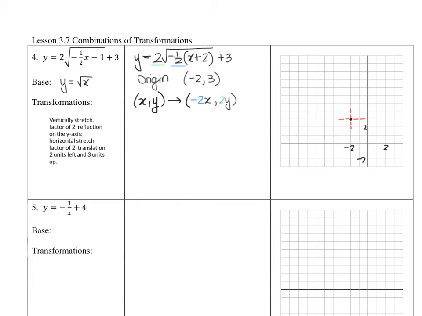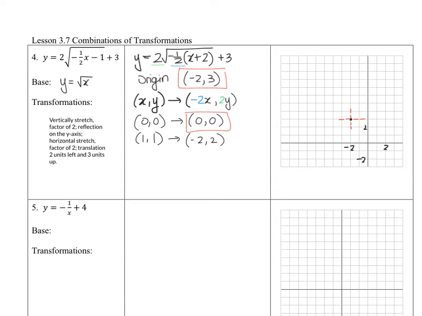This means that our original coordinates, 0, 0, will stay at 0, 0, which makes sense because that has to match up with this origin. So that's fine, nothing's changed. And now for the next point, from 1, 1, we are now going to change this to -2, 2.